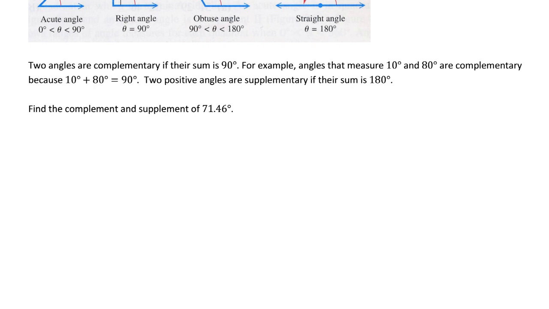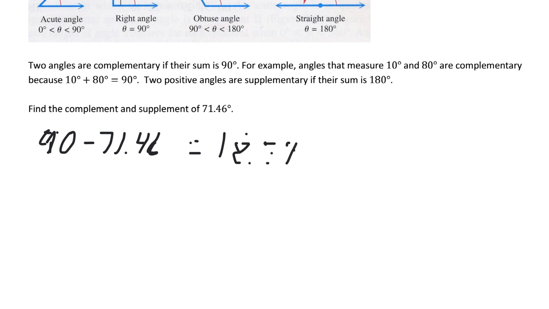71.46 degrees. To find the complement, you do 90 minus 71.46, and we get 18.54 degrees.